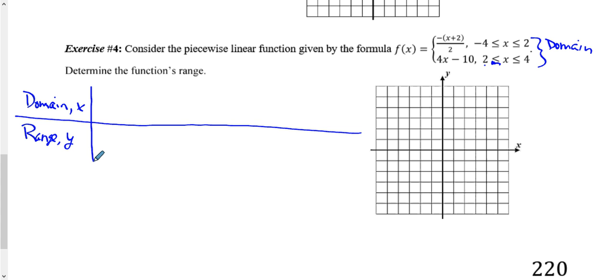What's the lowest between both of those pieces, the piecewise? What's the lowest value between the two of them together? What's the lowest input value possible? I guess by lowest I mean smallest number.